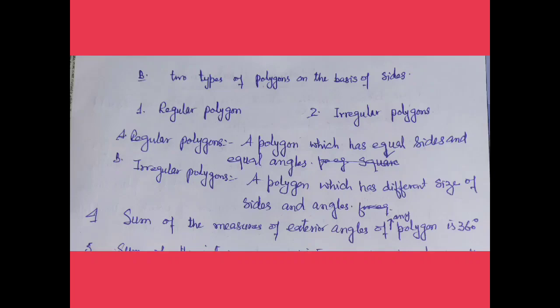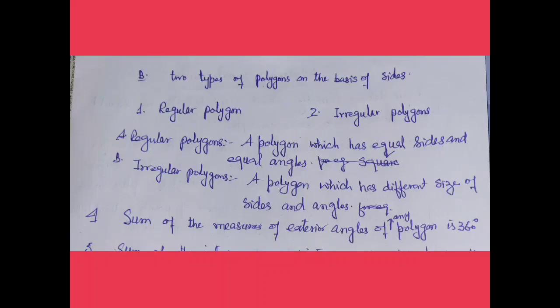The other type of polygon is the irregular polygon, a polygon which has different sizes of sides and angles. So we have two types of polygons on the basis of measurement of sides: regular polygons, which have equal angles and equal sides, and irregular polygons, which have different sizes of sides and angles.